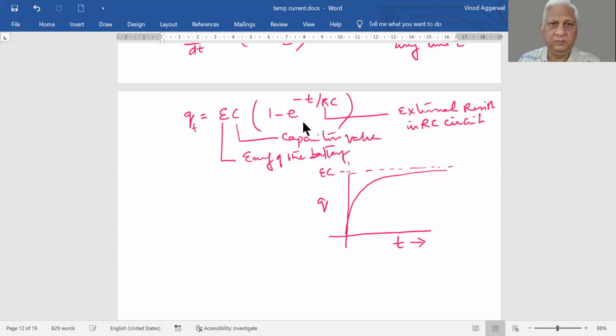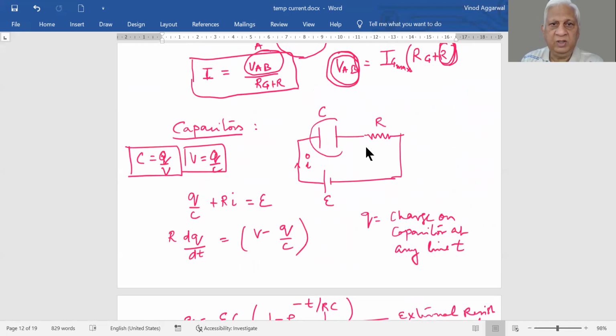this is the maximum. Now, what is the maximum voltage that a capacitor can acquire in an RC circuit? When it gets fully charged, the current flow stops because there is nothing more to be charged. Now, if current flow is 0, then all of this voltage will appear across this capacitor, right?